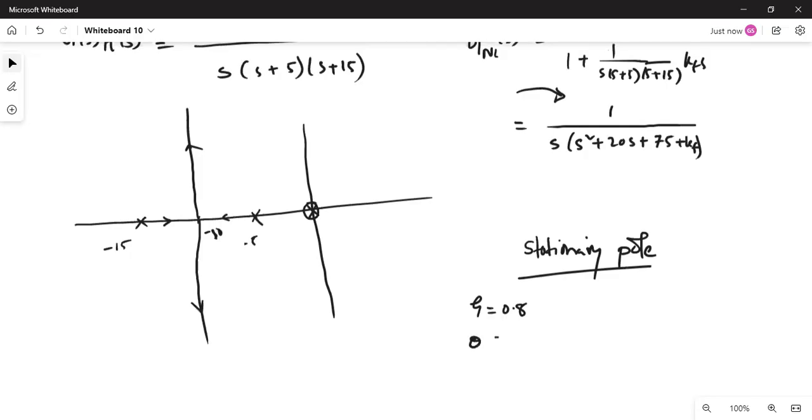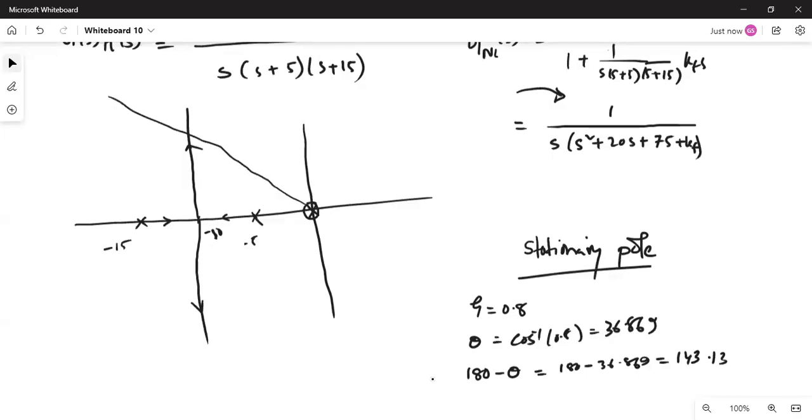So your theta will be cos inverse 0.8, which gives around 36.869. And the angle will be 180 degrees minus theta, so that will be around 143.13. If you plot the point, you're going to find some line like this.